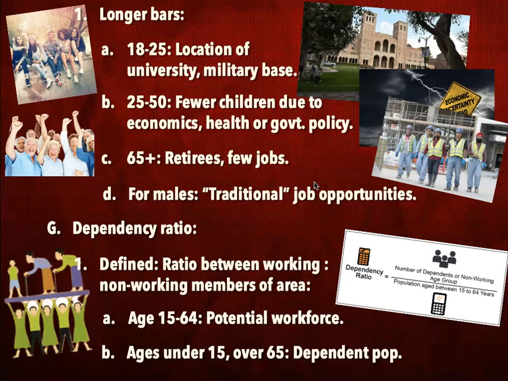If your dependency ratio is out of whack, and it's something that we worry about here in the United States, is that already we're in a situation that because our baby boom from World War II are now in their 60s, 70s, and 80s, we're facing a situation that some fear where we're going to have more retired people, like 2 retired people for every working person.